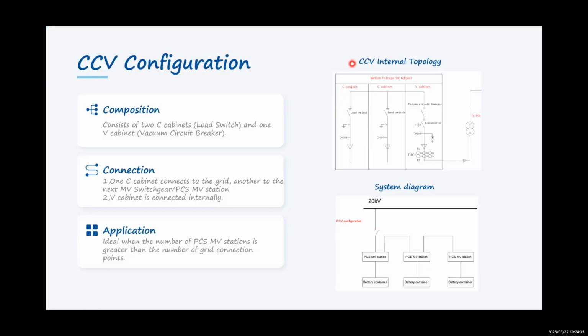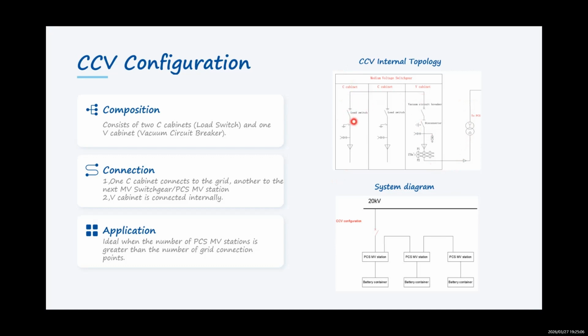Here is the partial single line diagram of PCS MV stations: medium voltage switchgears, step-up transformer, and connection to PCS. There are 3 cabinets inside here, 2 C cabinets and 1 V cabinet. The vacuum circuit breaker is inside the V cabinet and has already been connected to a disconnector and a step-up transformer internally.